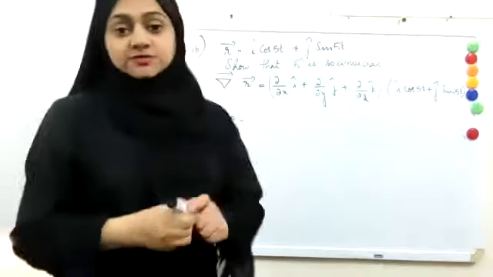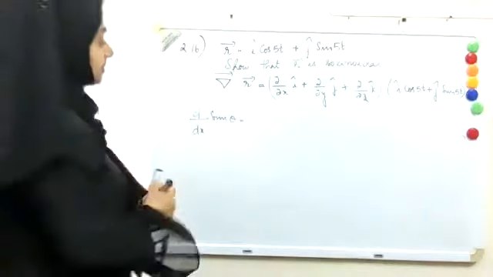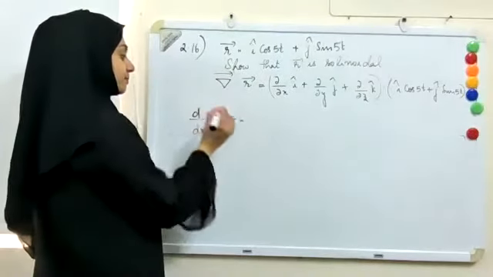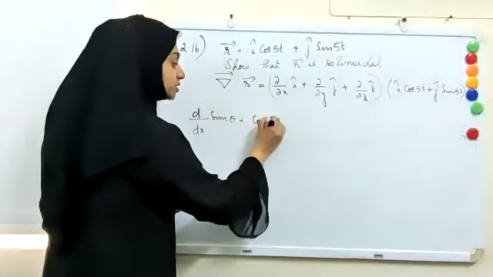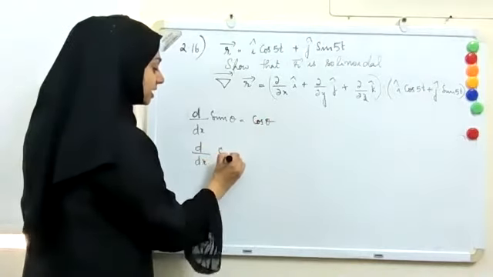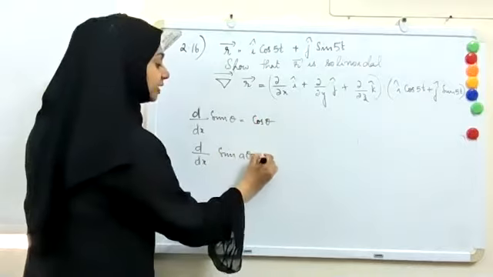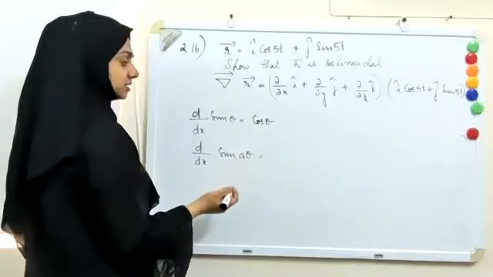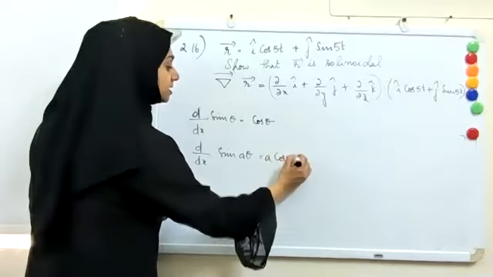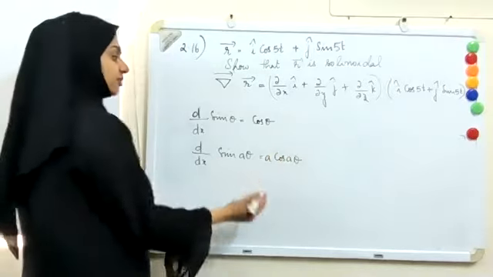What is d by dx of sin theta? That is equal to cos theta. And what is d by dx of sin a theta, where a is a constant? It's a cos a theta. You need to know these formulas.